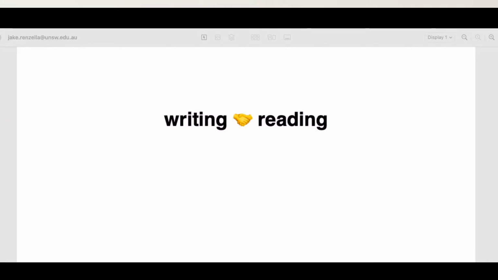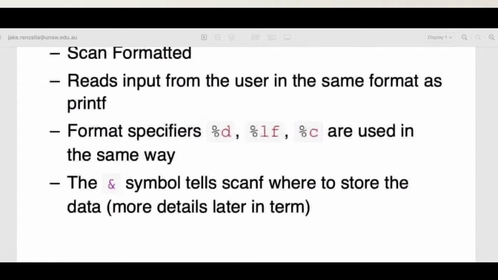If we think about printing, what's the opposite of printing? Reading. We need to print information to the user, but sometimes we need to collect information from the user. And whenever we collect information from the user, we need to keep it somewhere. That means we're using memory, we're using variables. So the way we read information from the user is typically by storing it in variables.